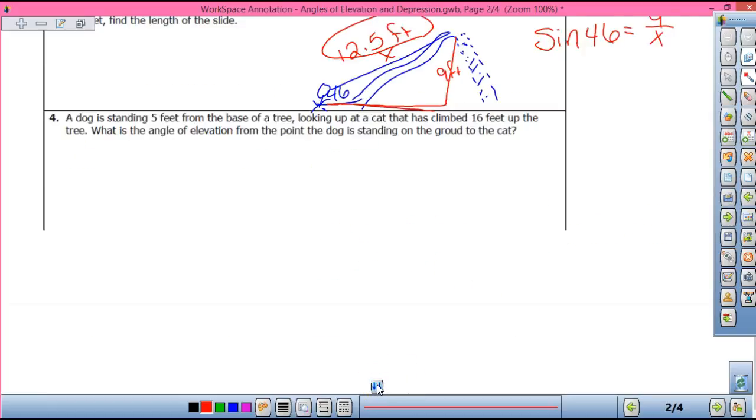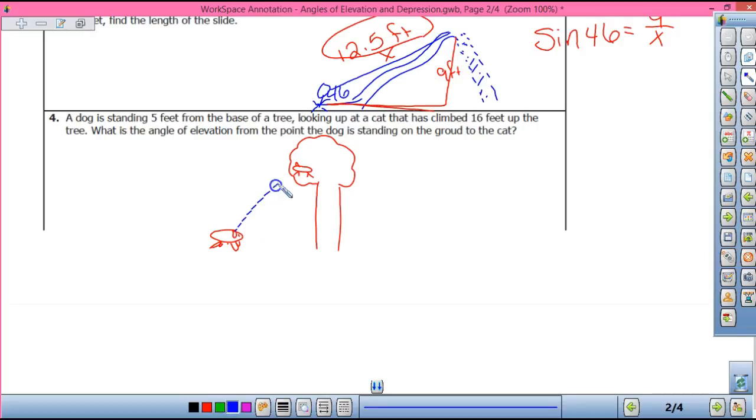All right, so we've got a tree. I have a kitty sitting in the tree. I have a puppy at the bottom of the tree. Angle of elevation.